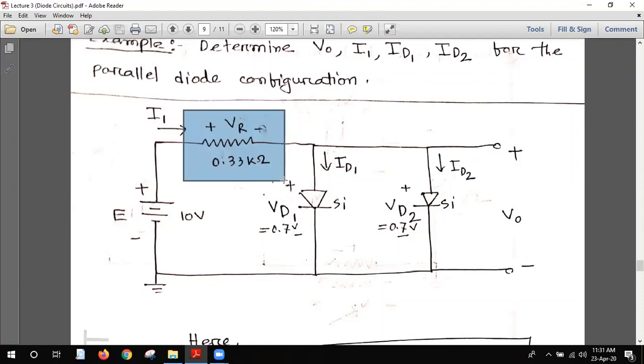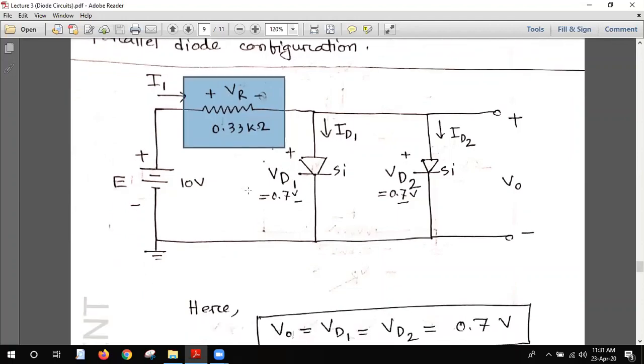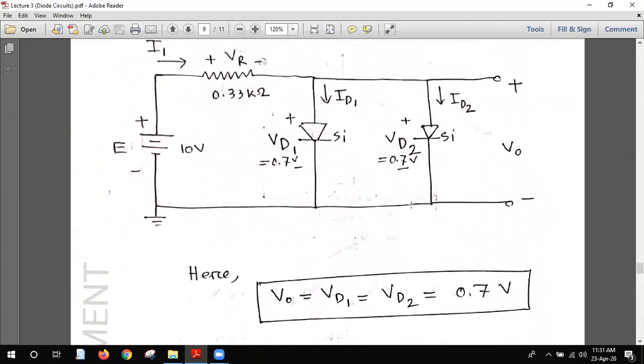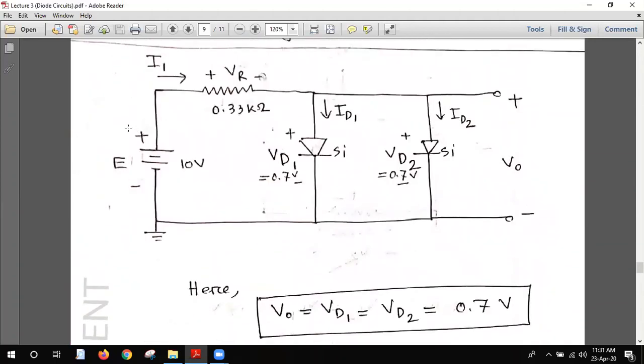To find it, VR divided by R will give it. So I1 equals VR divided by R. What is VR? VR is the total voltage minus the diode voltage, because the total voltage of 10 volt is applied here. From this 10 volt, 0.7 volt is applied across the diode.